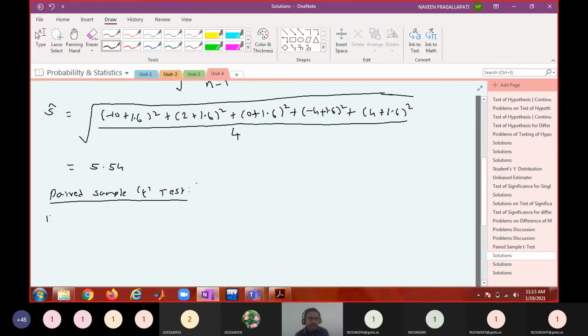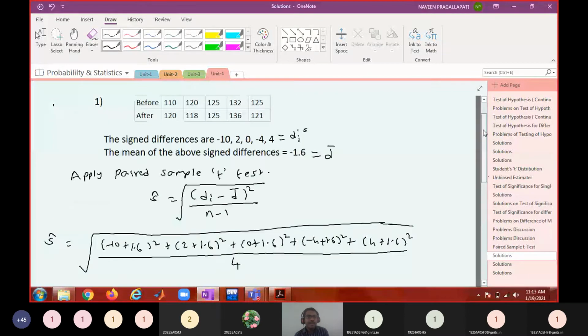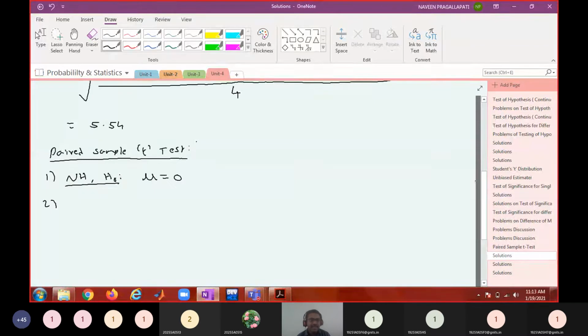First one is what? Null hypothesis, H naught. How are you going to write it down? We will say that there is no significant difference. So the mean of the paired sample differences is 0.